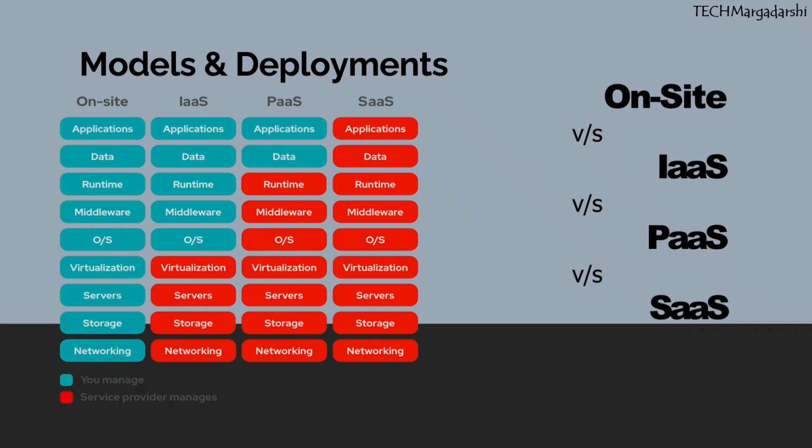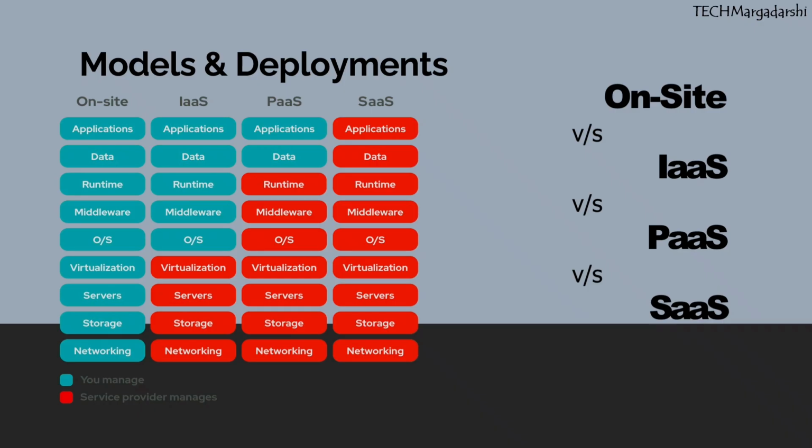Examples, AWS, Microsoft Azure, Google Cloud. Here, AWS provides servers, storage, networking. You are responsible for operating system, applications, security inside the OS. This model is widely used by system administrators, DevOps engineers. It gives maximum flexibility and control.